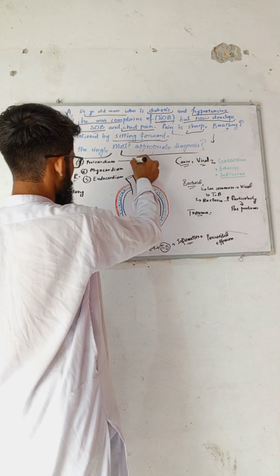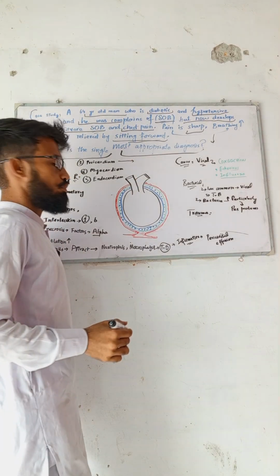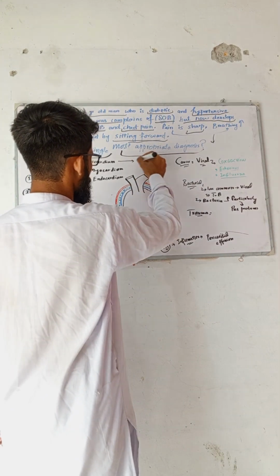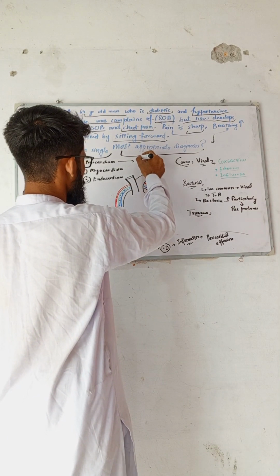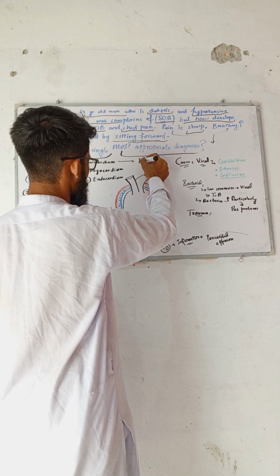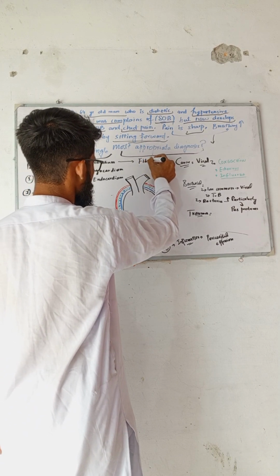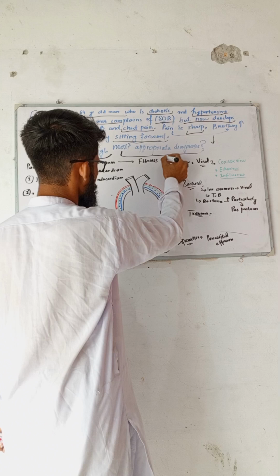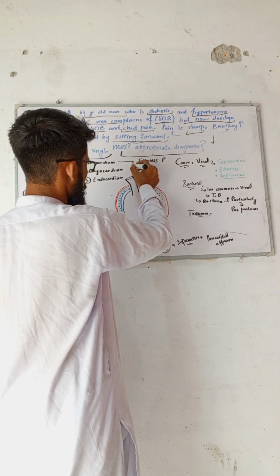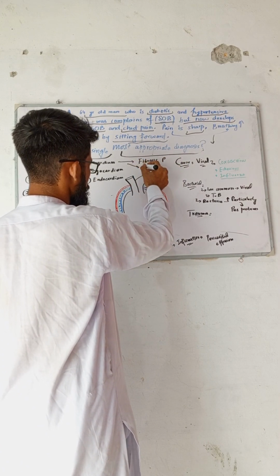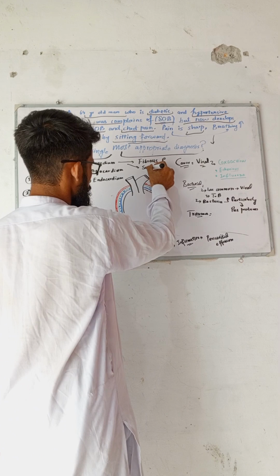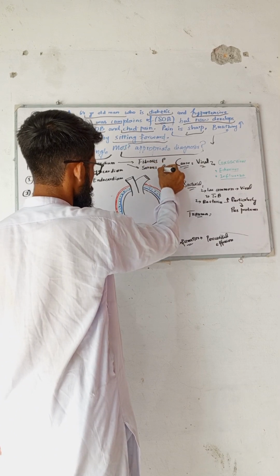The pericardium is further divided into two layers. One is called the fibrous pericardium, and the second one is called the serous pericardium.